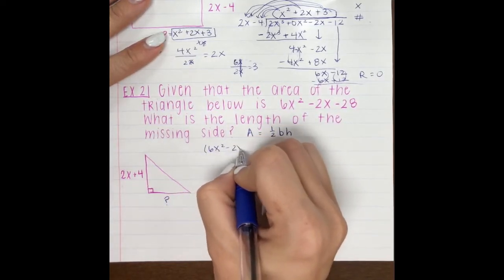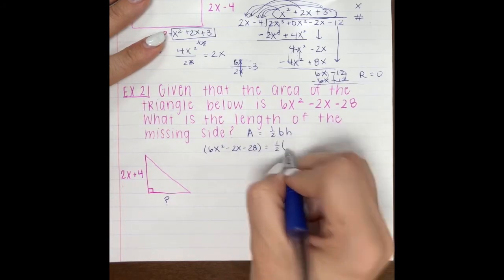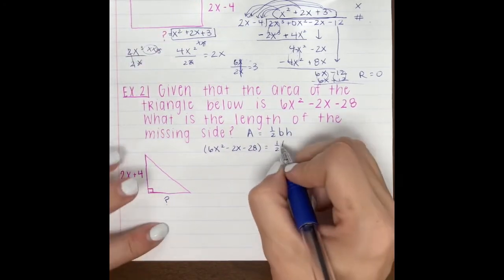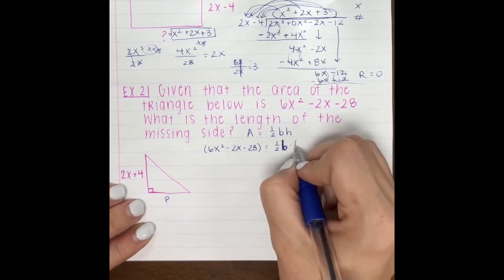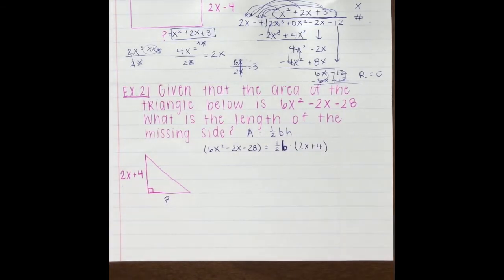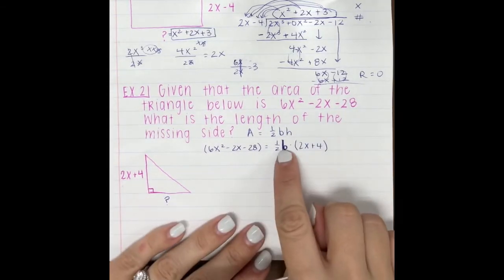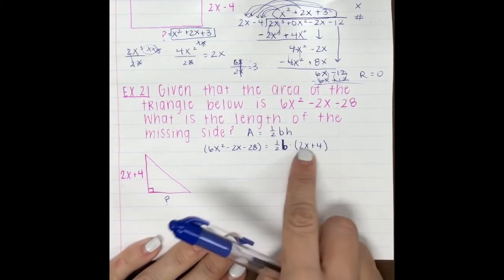6x squared minus 2x minus 28 equals 1/2 times our base times our height, which is 2x plus 4. Okay, so we need to get our base by itself, which means we need to do two things. We need to cancel out the 1/2 and we need to cancel out the height, right?